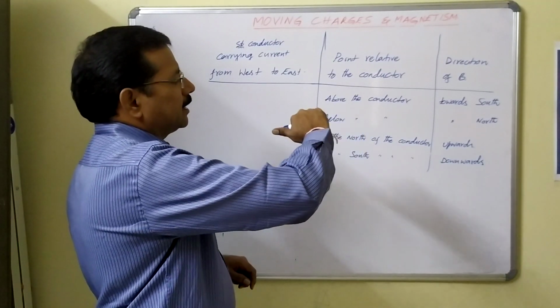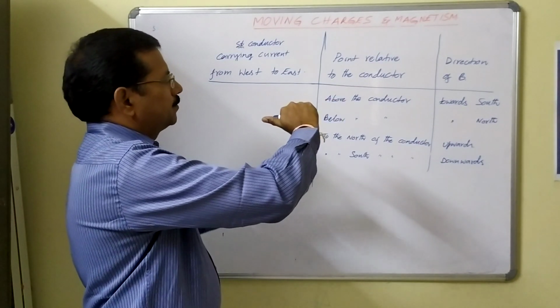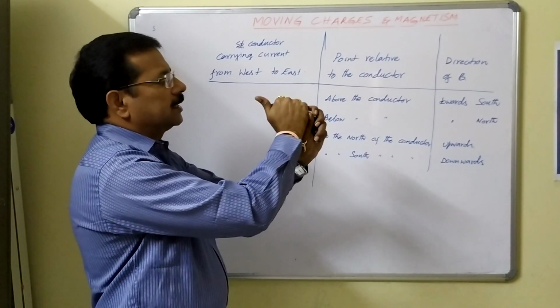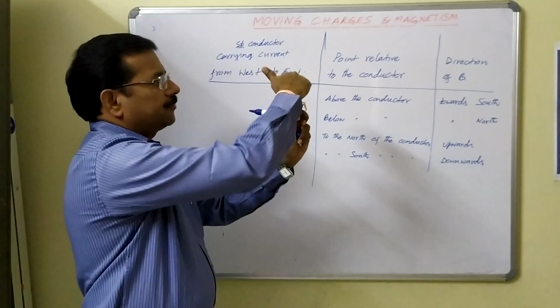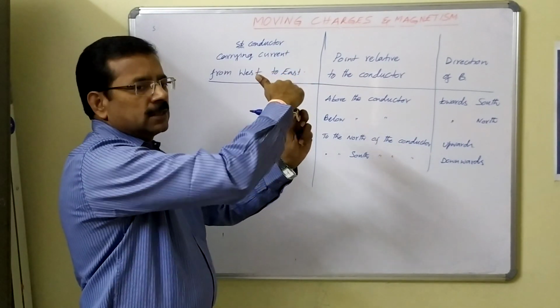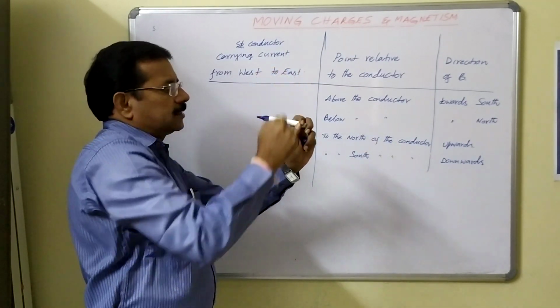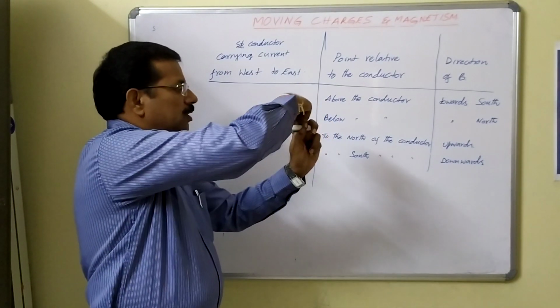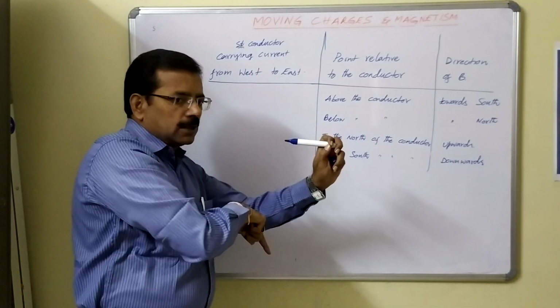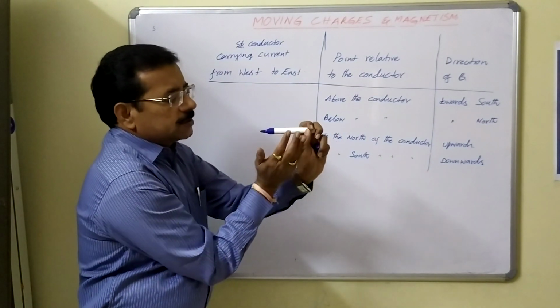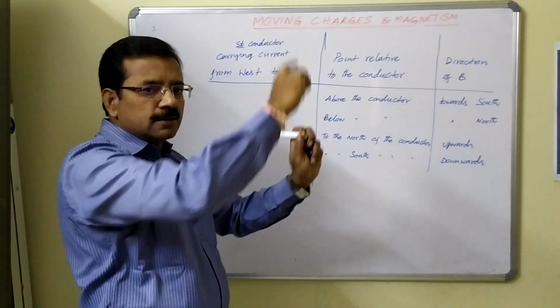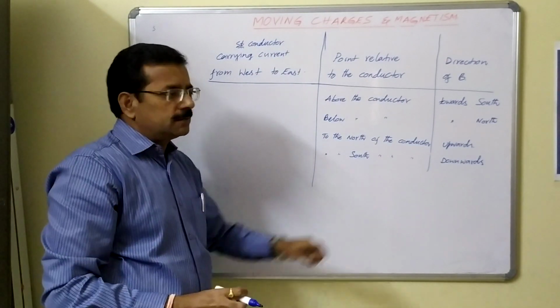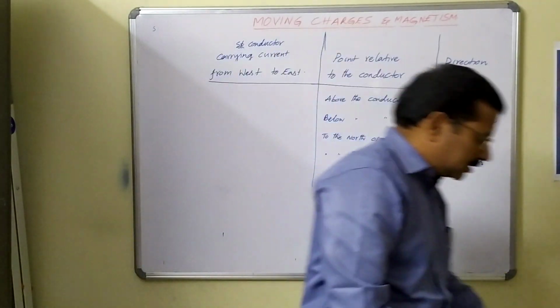If the conductor is carrying current from east to west, at a point above the conductor, the direction of magnetic field is towards north. At a point below the conductor, it is towards south. At a point to the north of the conductor, downwards. At a point to the south of the conductor, it is upwards. Okay. It is the reverse of this.